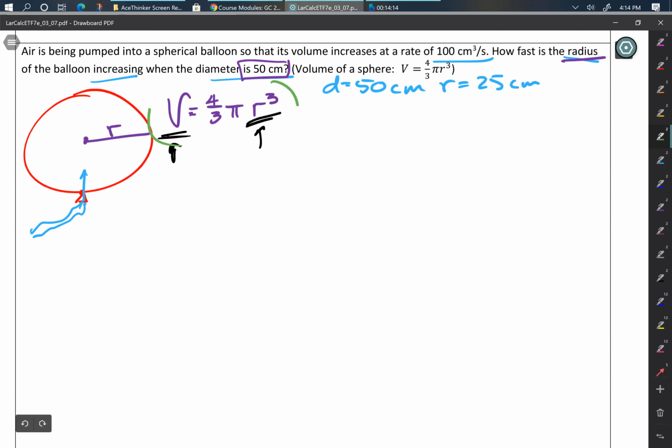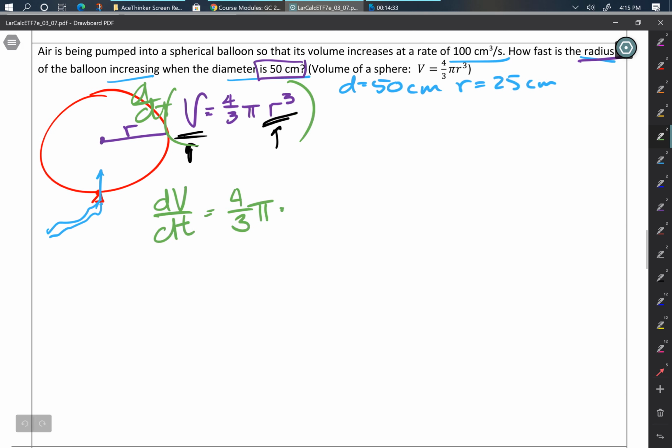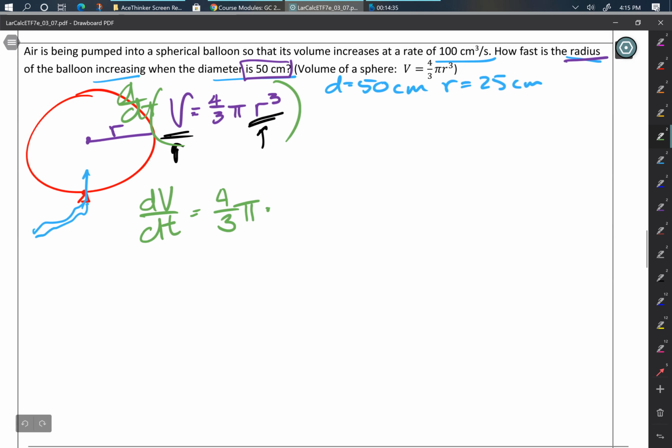All right. So if I differentiate with respect to time, derivative of V with respect to t is going to be dV/dt. The 4/3 and the pi are just constants, coefficients technically, so they just drag along. Derivative of r cubed with respect to t, the variables don't match, so we're going to have to use the chain rule in implicit, is going to be 3r squared times dr/dt.